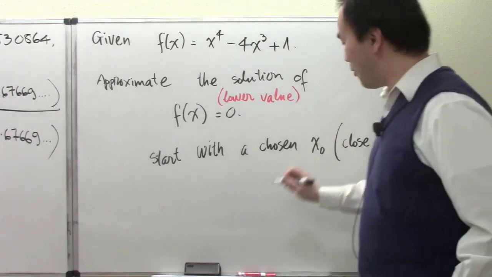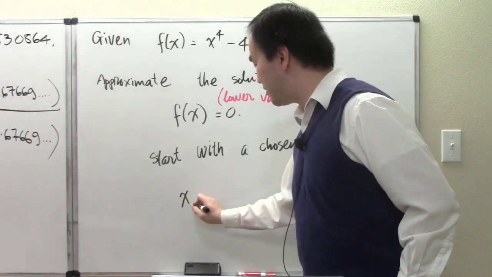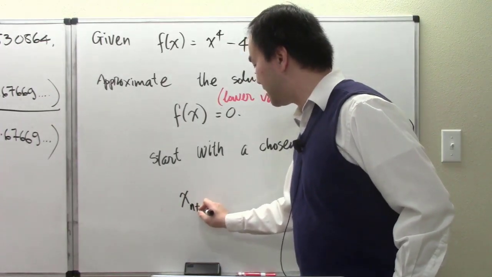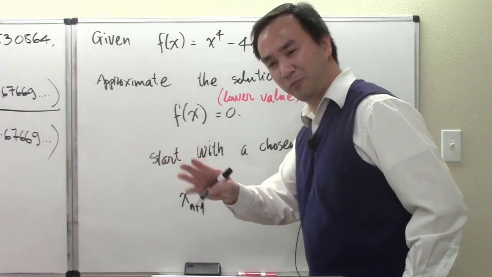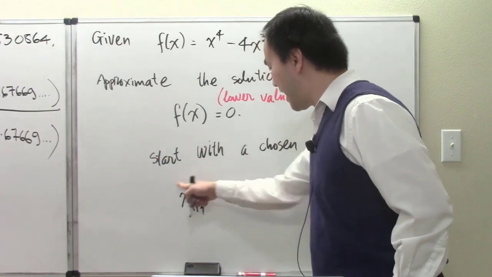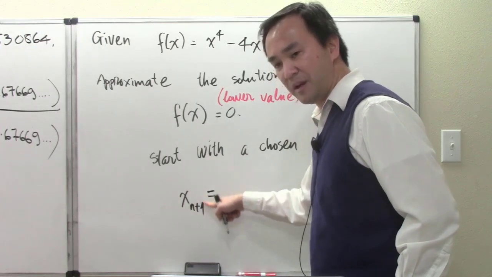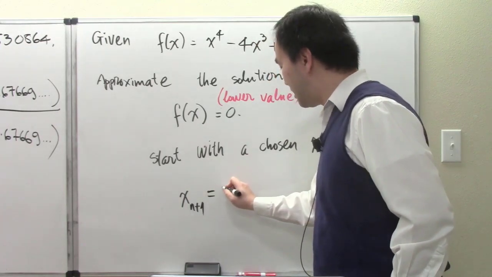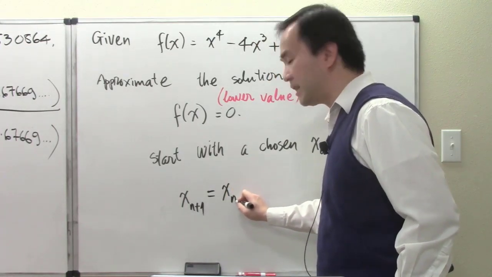And then from that point on, for any of the later steps, where I call that x sub n plus 1, at any n plus 1 step I am going to calculate the approximation by using the nth step.